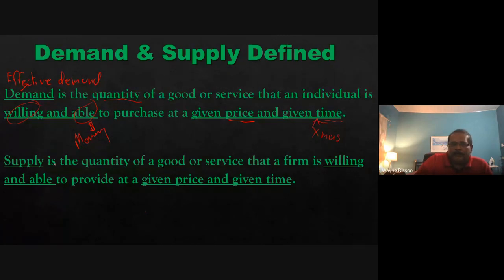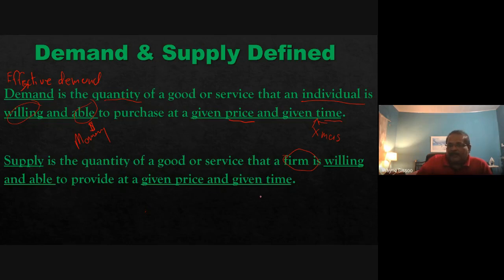Nope. All right. So if we look at supply now, supply is the opposite of demand, but it is defined in a very similar manner. Supply is the quantity of a good or service that a firm, now this is the difference here, as opposed to an individual up here, we're talking about a firm down here. Firms are units of production. They produce goods and services. Is willing and able, so they have the same conditionalities here, willing and able to provide or produce at a given price and a given time.